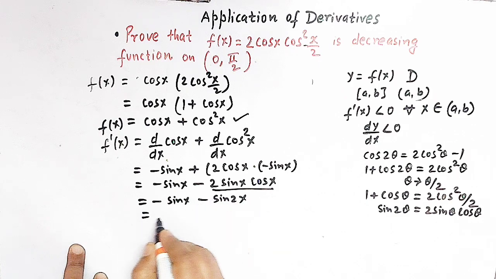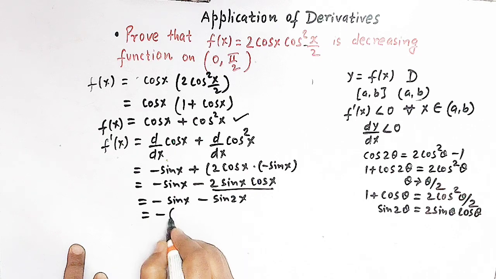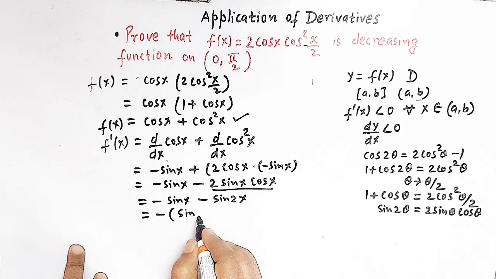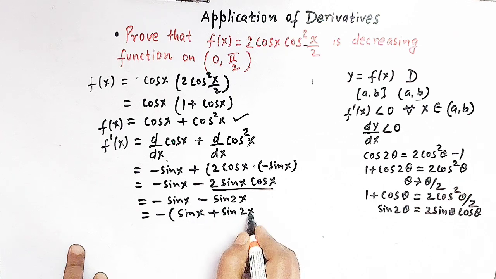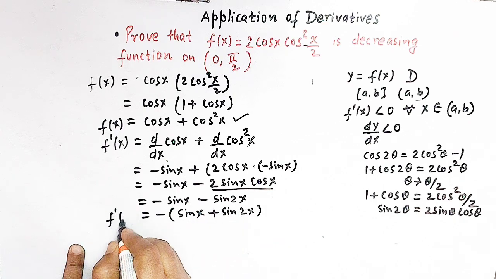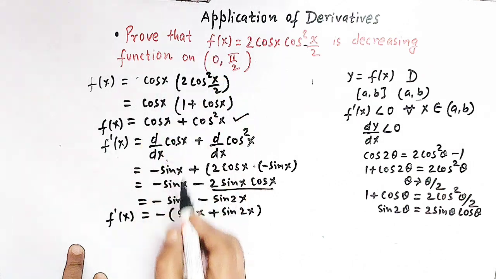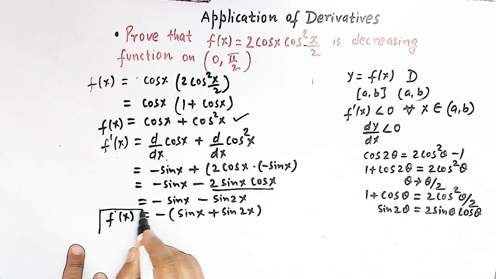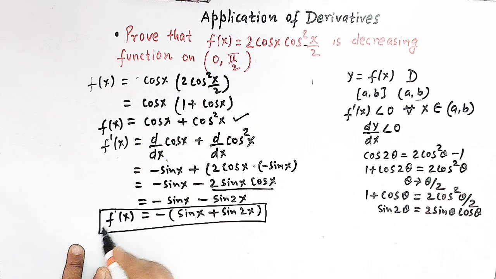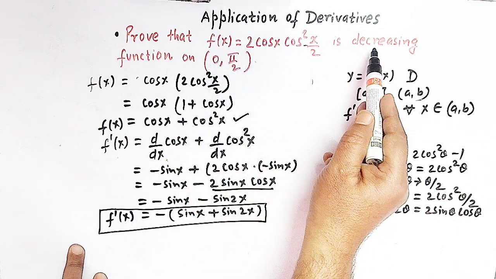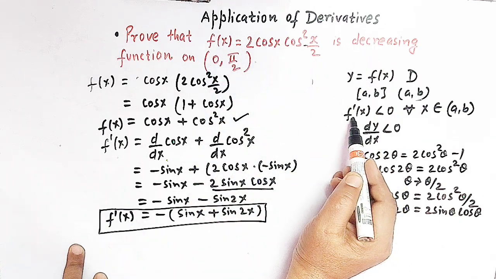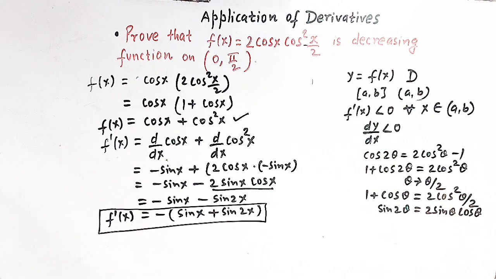Now taking the negative sign common here, we have minus, and within the brackets we have sine x plus sine 2x. So the derivative of f of x is given by this expression, and now for f of x to be a decreasing function, the derivative should be less than 0.